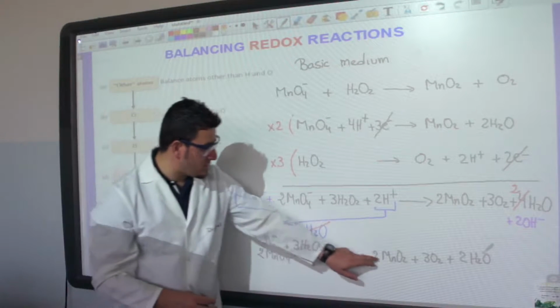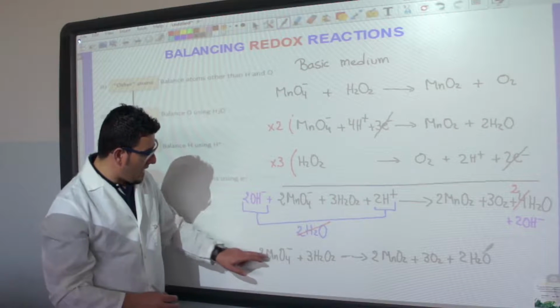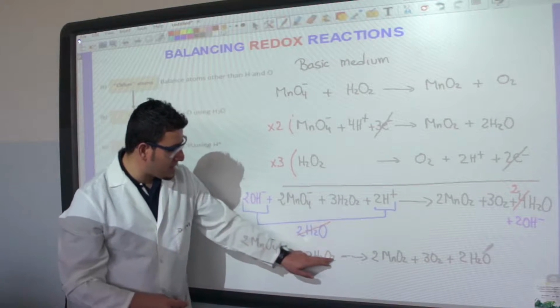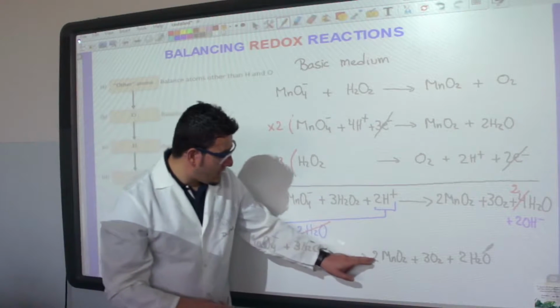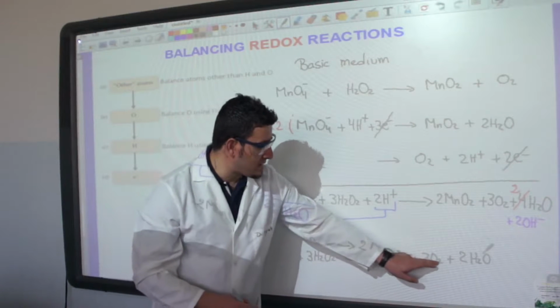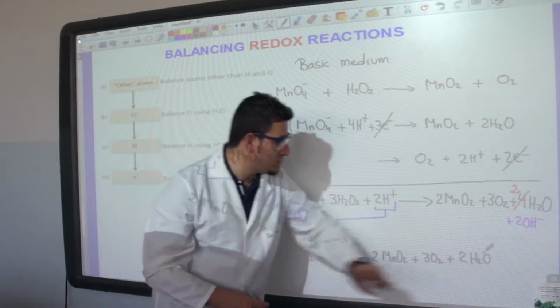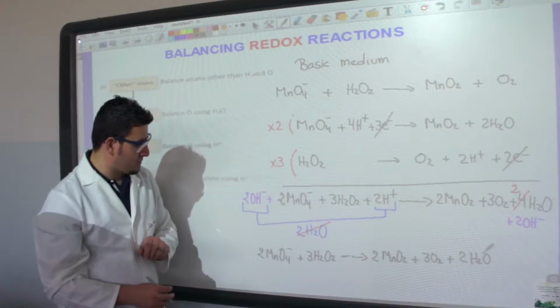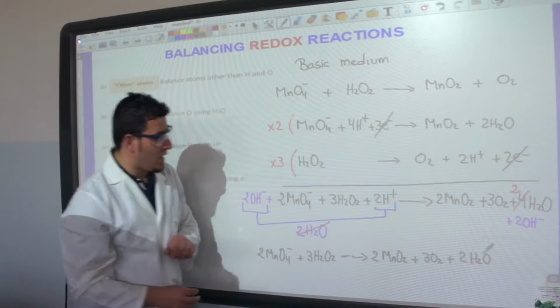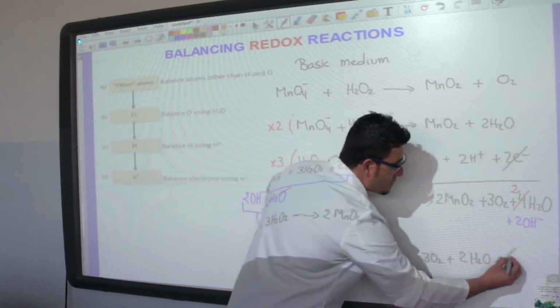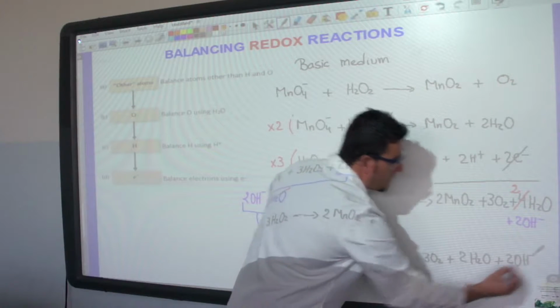So let's look now at this reaction if it's balanced. 2 manganese, 2 manganese. Now I have 8 plus 6, 14 oxygen. Now 4 plus 6, 10 plus 2, 12. Right, so I missed the 2 OH minus.